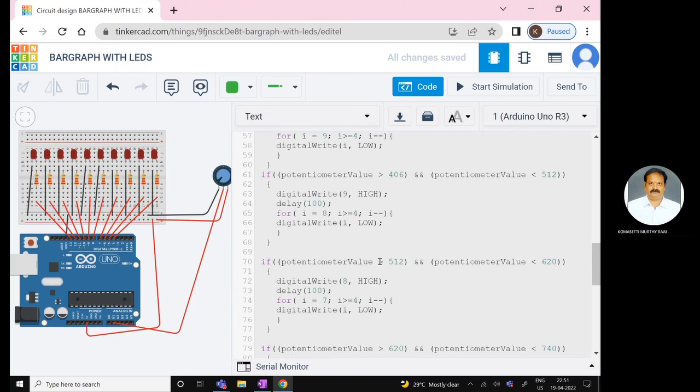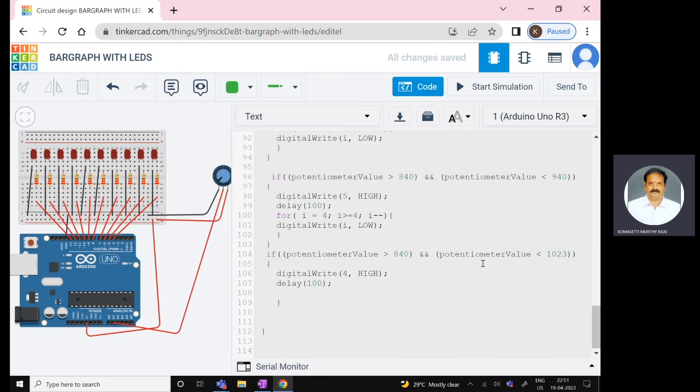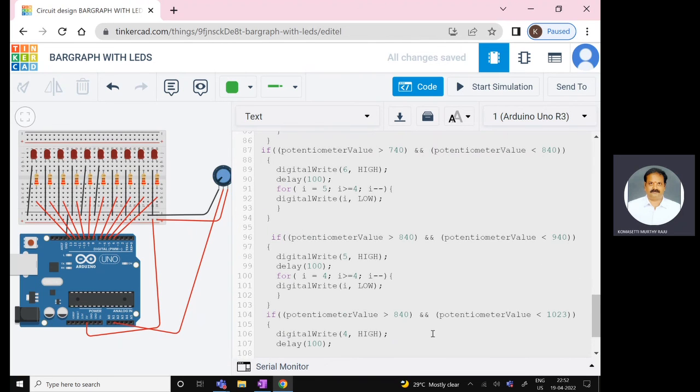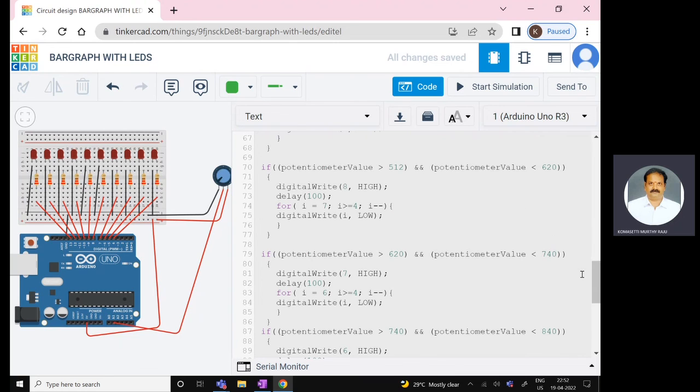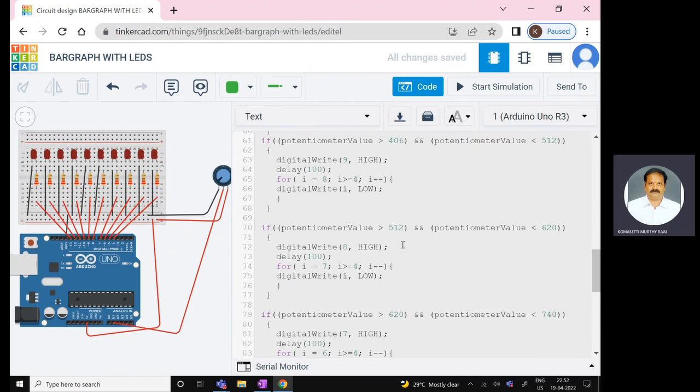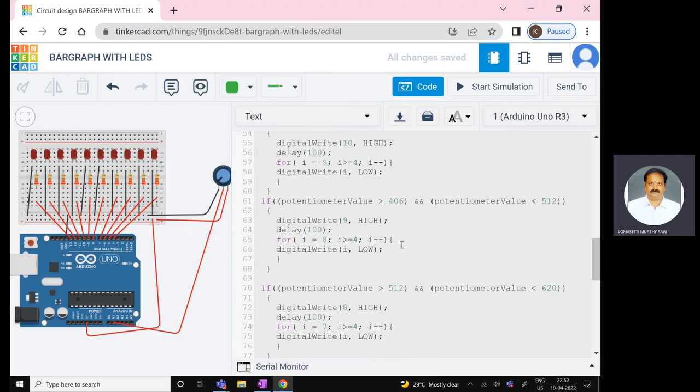Previously, in the explanation part, I clearly explained these values. Here 940, 840 to 940, 740 to 840, 622 to 740, like that, in different intervals.